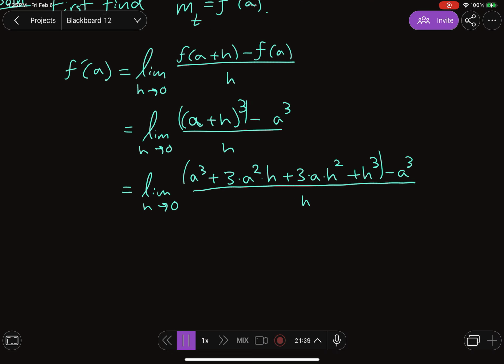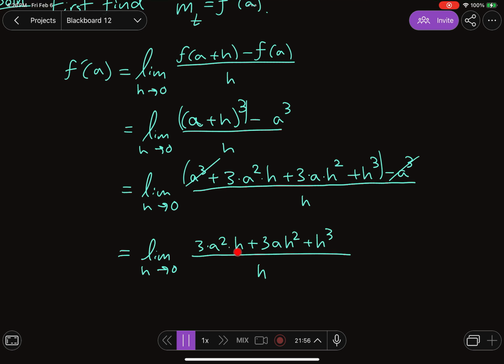But now we see some nice simplifications. This is the same thing as the limit as h approaches 0. Notice the a cubes cancel. We got 3 times a squared times h plus 3 times a h squared plus h cubed, all divided by h, but we're lucky. Look, each of these guys have an h, so we can undistribute it, factor it out, if you will.